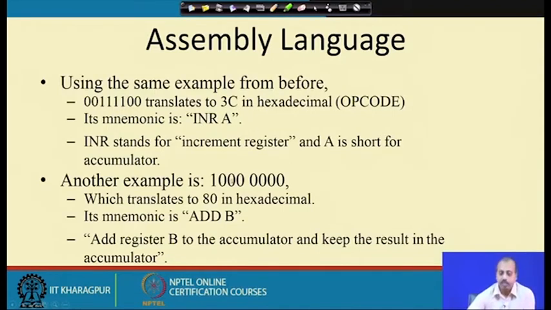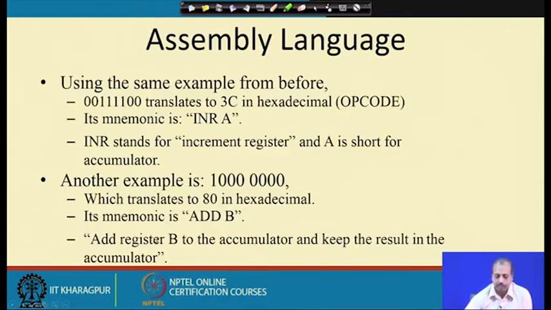Take another example. Suppose we have the bit pattern 10000000. This is 80 in hexadecimal, and if you look into the manual of 8085, you will find that this code corresponds to the mnemonic ADD B, where ADD is the mnemonic and B is the operand. This whole thing is an instruction in the assembly language.